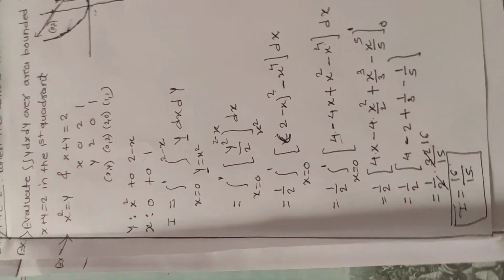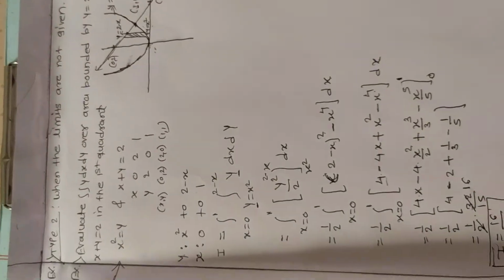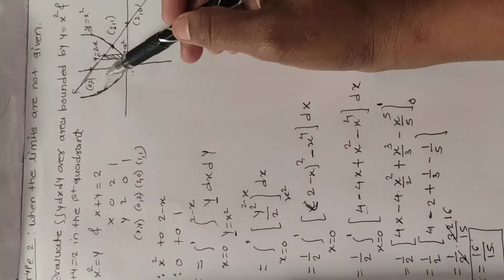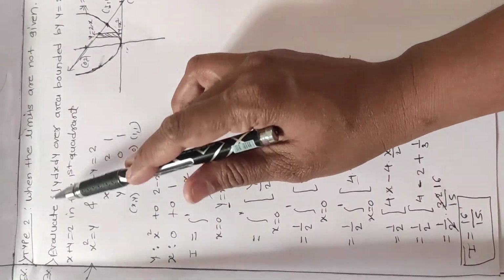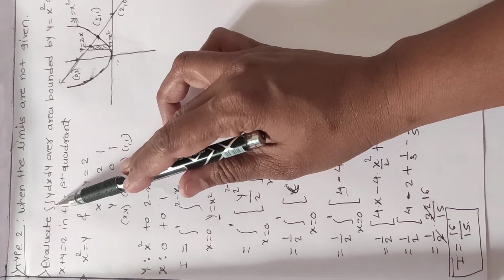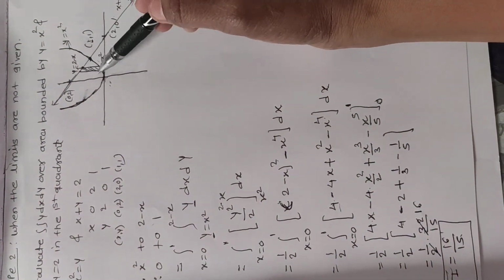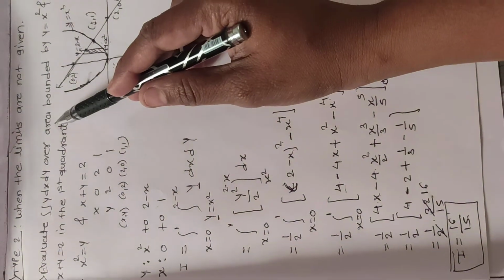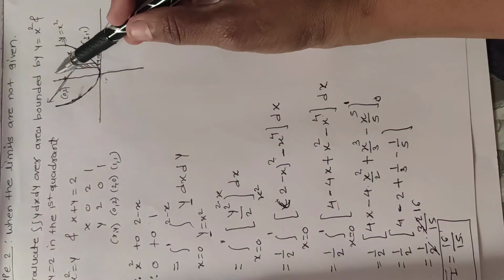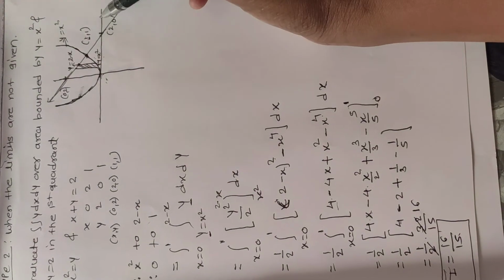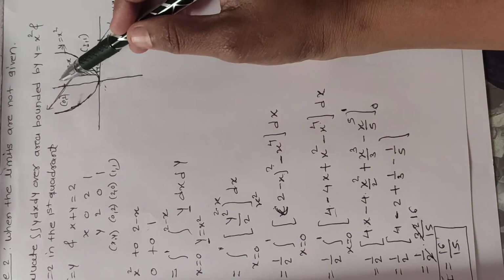Okay, so how to solve this? See, again I will repeat. First you have to draw the diagram using the given equations, because in this example the limits are not given. After that we draw these two strips. These are the common region of the curves, and we have to find the area in the first quadrant, so we consider only this region in the first quadrant.